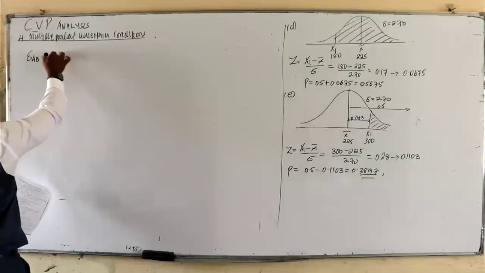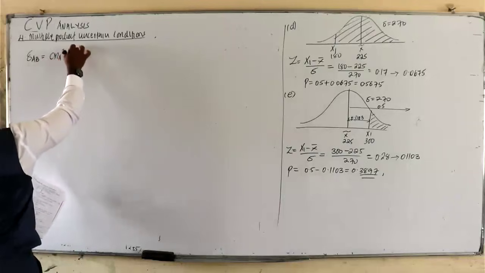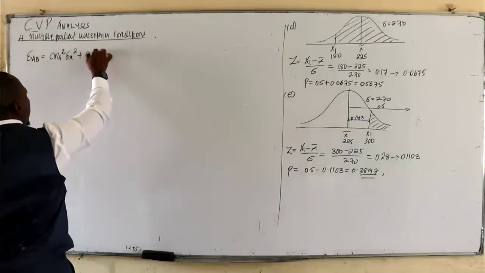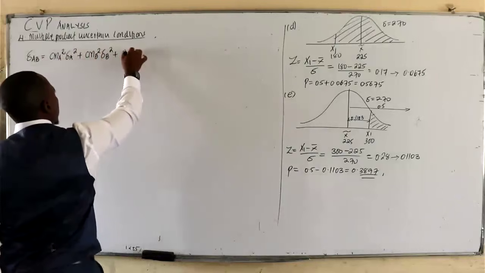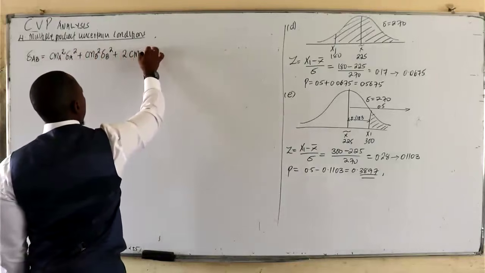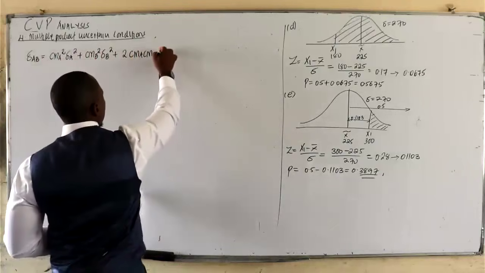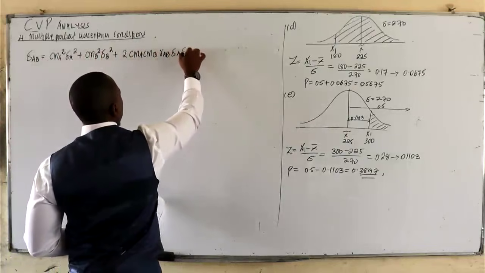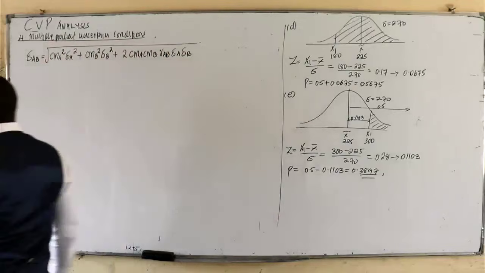So we'll be factoring the contribution margin for product A squared, standard deviation of A squared. Then you factor in contribution margin of product B squared, standard deviation of B squared, plus two times contribution margin of A, contribution margin of B, and then the correlation between A and B, standard deviation of A, standard deviation of B. All of it, you get the square root.